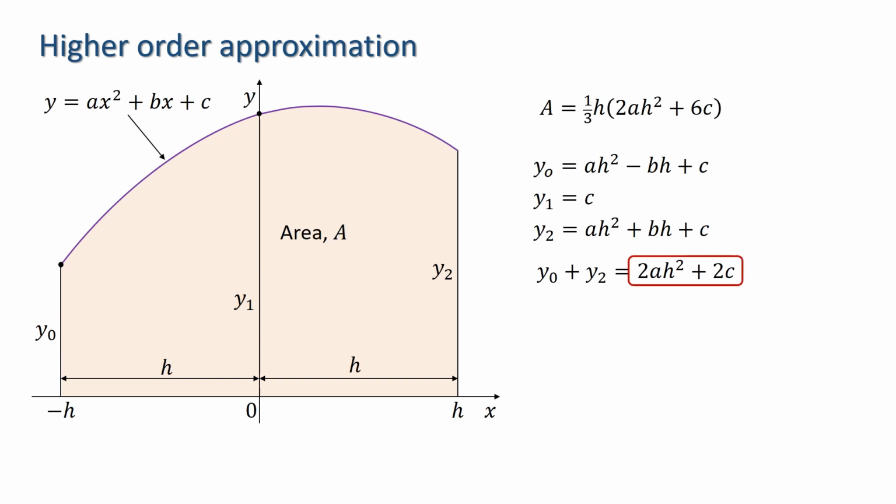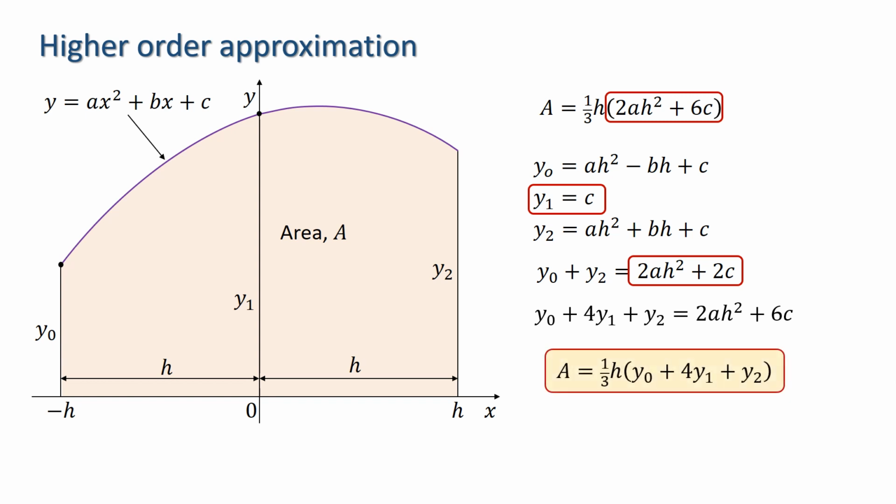Well, we're nearly there now. To match the expression 2ah squared plus 6c, we just need to add 4c, and we know that y1 equals c. Thus, we have y0 plus 4y1 plus y2 equals 2ah squared plus 6c. Thus, the area under the curve can be written a third h times (y0 plus 4y1 plus y2).